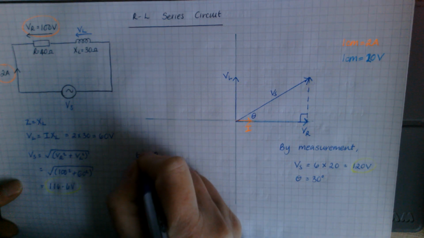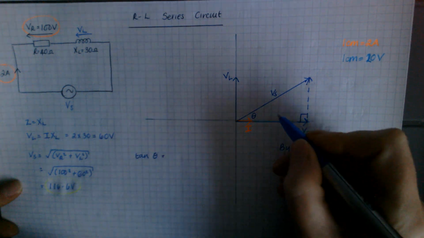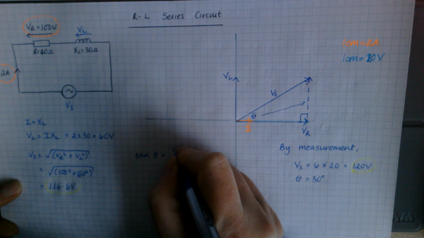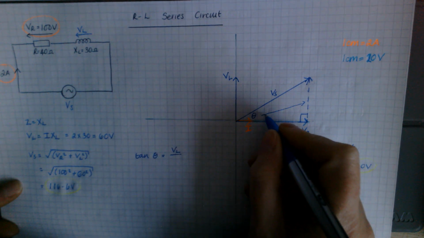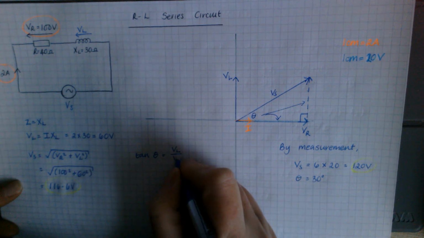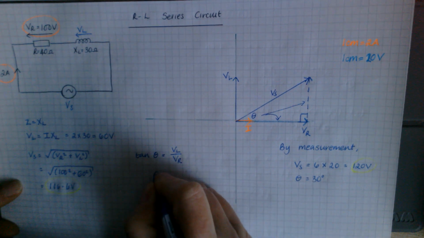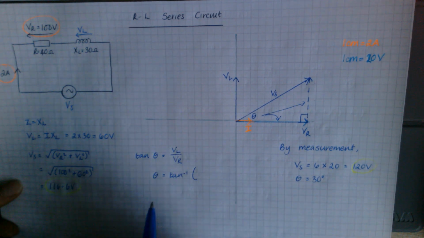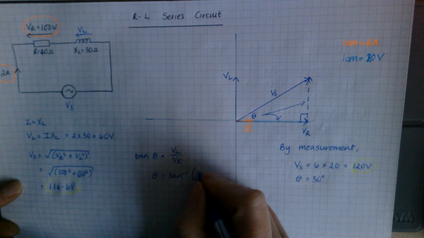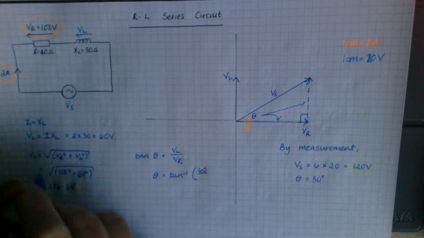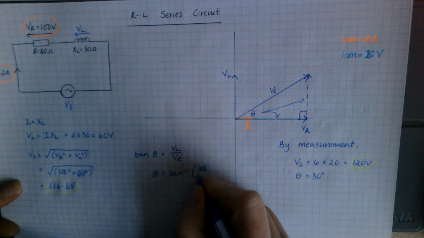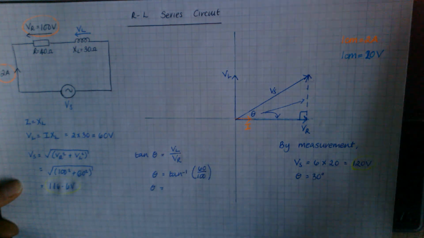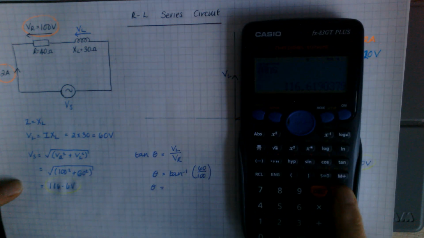On the basis that tan of an angle is the opposite, which is that, VL, over the adjacent, which is this one here, then my angle itself must be the inverse tan, or tan to the minus 1, VL, 60, divided by VR, up there 100. My angle, I'm expecting to be 30 degrees, but let's find out.